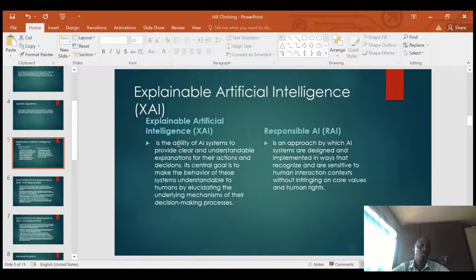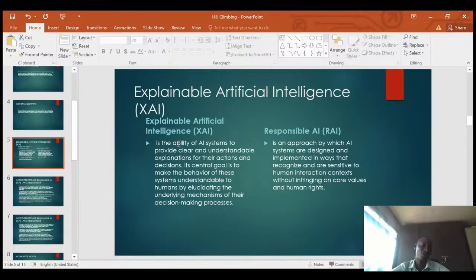A case in point, and I can give you, is your own cell phones, the smartphones, the iPhones, the Samsungs, the Technos you use. Those are, by the way, AIs, because we normally interact with them.